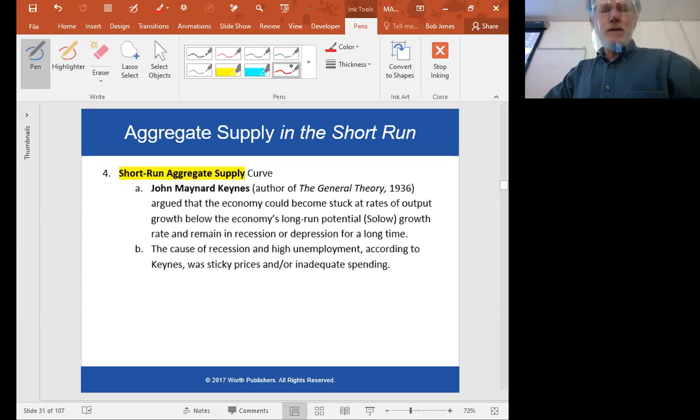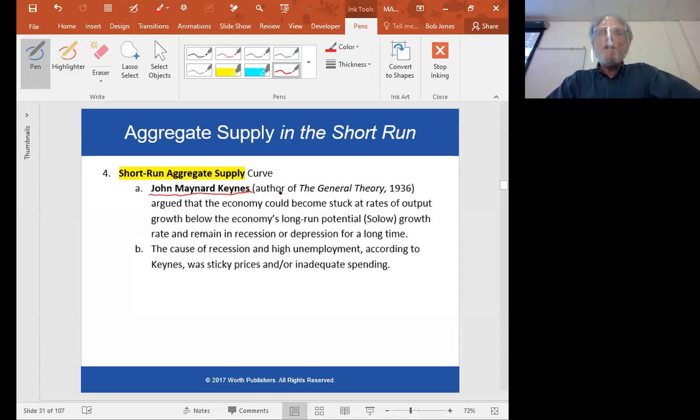To talk about this, we have to talk about John Maynard Keynes. Certainly one of the most important economists of the 20th century. A lot of people would say that he was, remember we talked about Adam Smith, we said he's the father of economics. Well, John Maynard Keynes would probably be the father of modern macroeconomics. He was a very respected British economist in the early part of the 20th century.